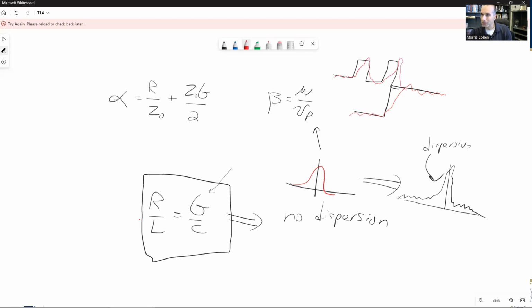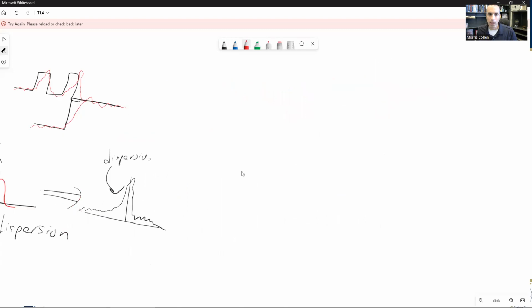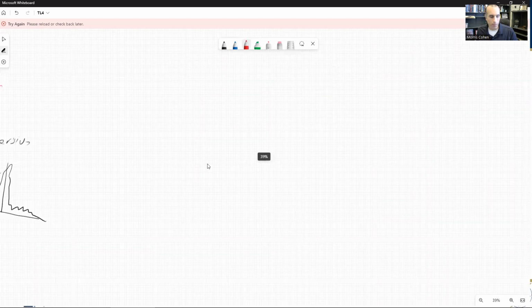So the dispersion basically limits the speed that we can operate a digital signal. And for that reason, it's very helpful to minimize dispersion in a lot of very high frequency and high speed applications.